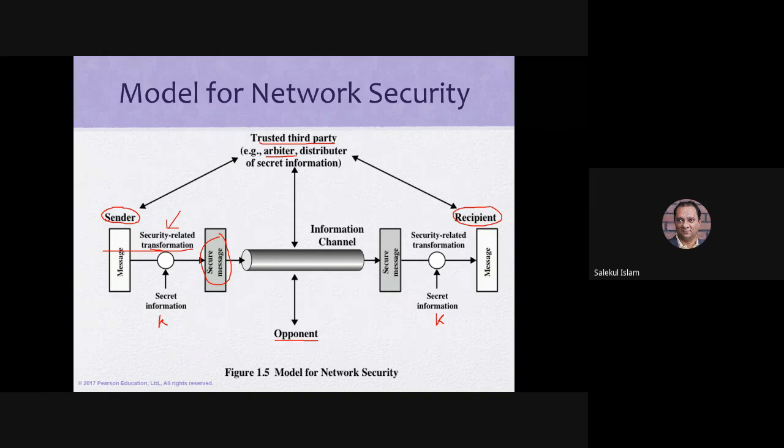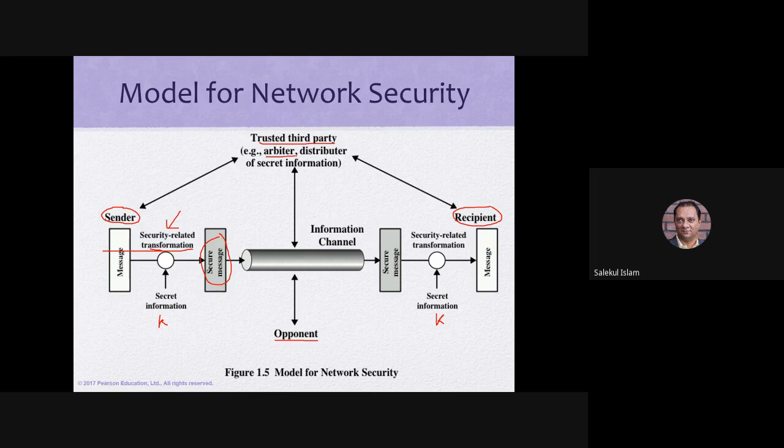Say for example, you have a credit card, and if you find some transaction in your card that you have not made, then you can complain, and the credit card company will collect all your information and send it to an arbiter. Then the arbiter will give a verdict whether you made that transaction or not.